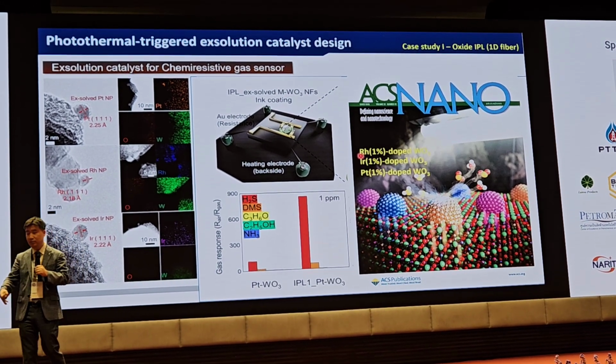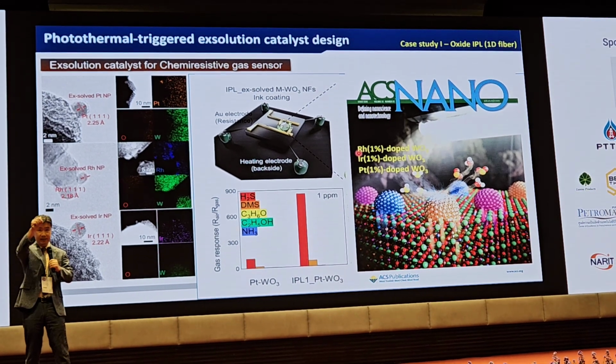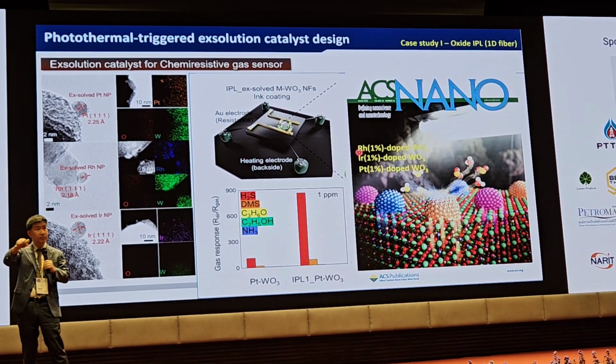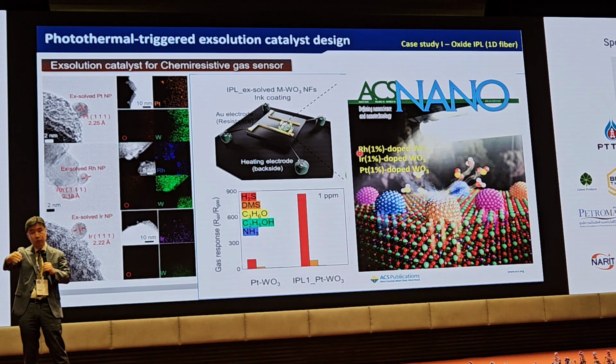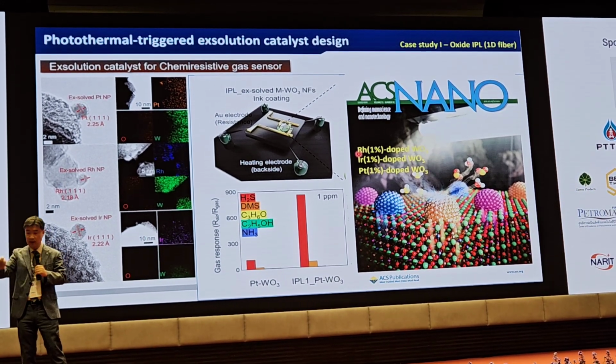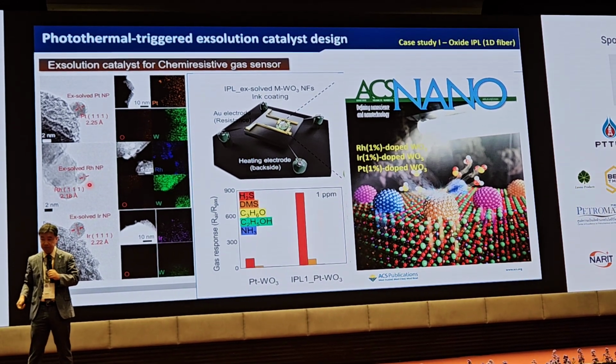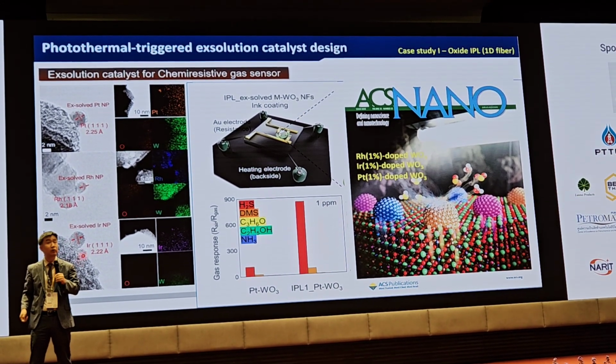Then we simply expose the light. Okay, these are lattice incorporated fibers, metal oxide fiber. After light exposure, these atoms extrude and segregate, forming, as you can see here, platinum particles, rhodium particles, and iridium particles.